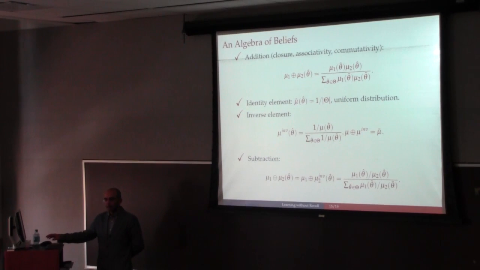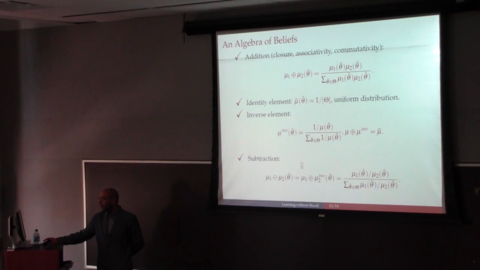Group, I mean in the sense of algebra, not a group of people, because it has the closure, associativity, and commutativity properties. It has an identity element, which is the uniform distribution. Each element has an inverse, and since you have commutativity, you can also define subtraction of two beliefs.